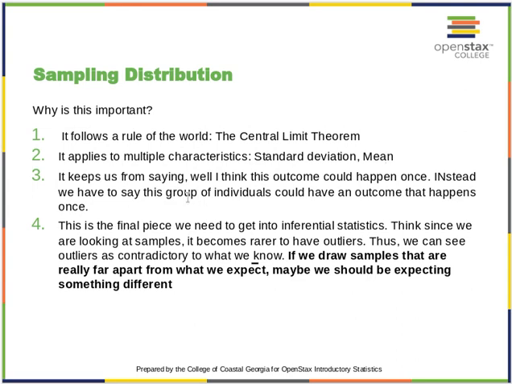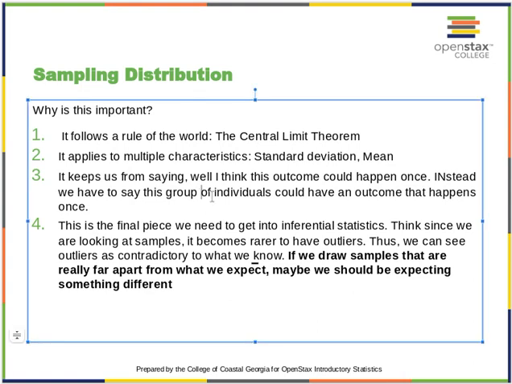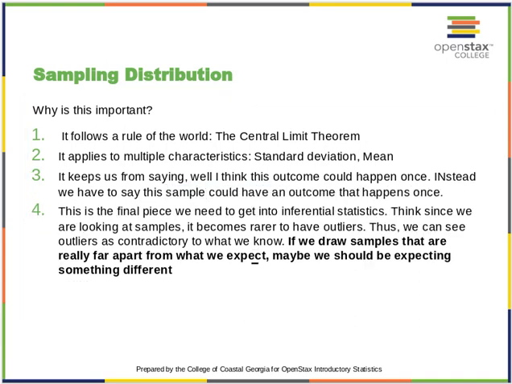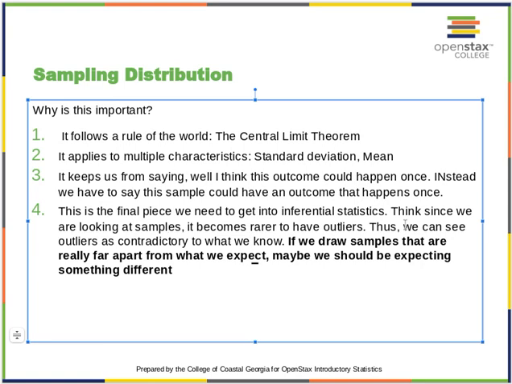So this grouping, maybe I mistyped this here, but a sample itself has to have an outcome that happens once. So you have to gather up enough information that it's not one person in one place doing one thing. It's a group of people in one place doing one thing. And that is really the final piece we need to get into inferential statistics.